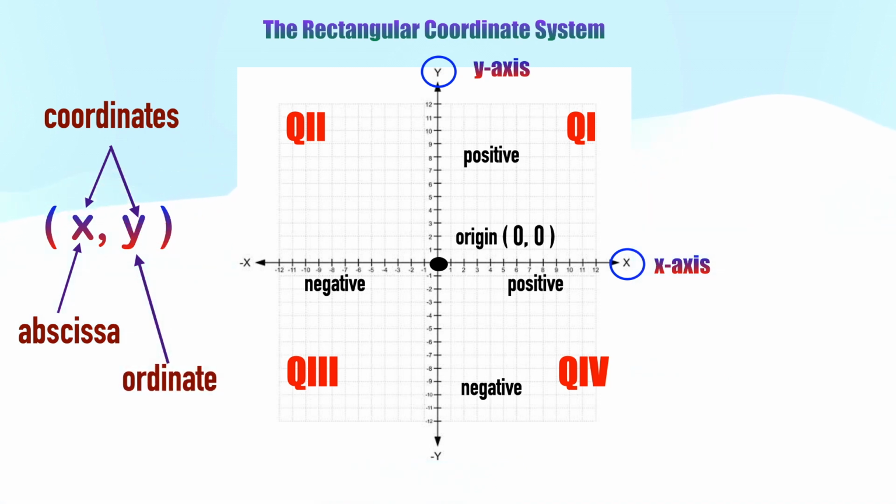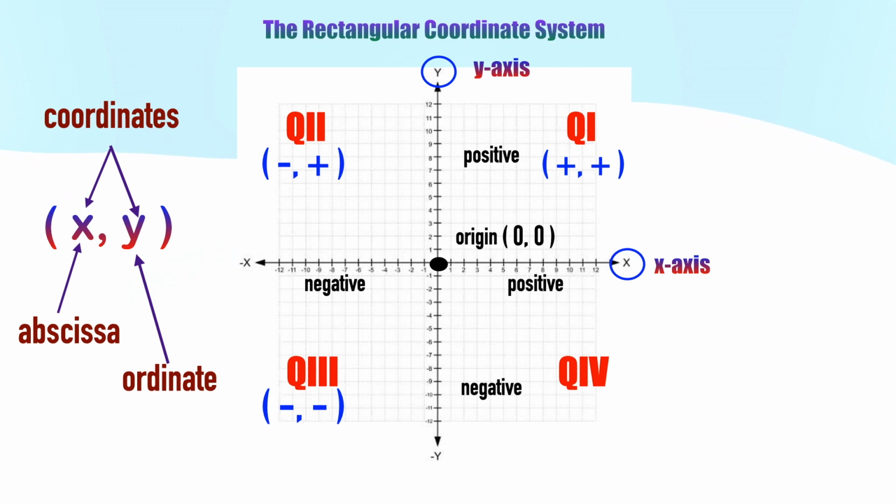So, the coordinates in quadrant 1 are both positive. So, x is positive, y is also positive. In quadrant 2, the x coordinate is negative and the y coordinate is positive. In quadrant 3, the x coordinate is negative and the y coordinate is also negative.